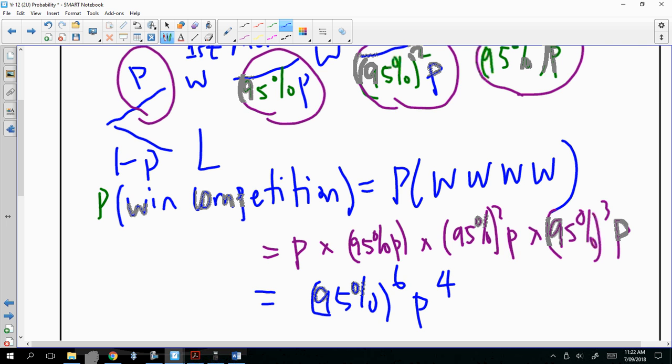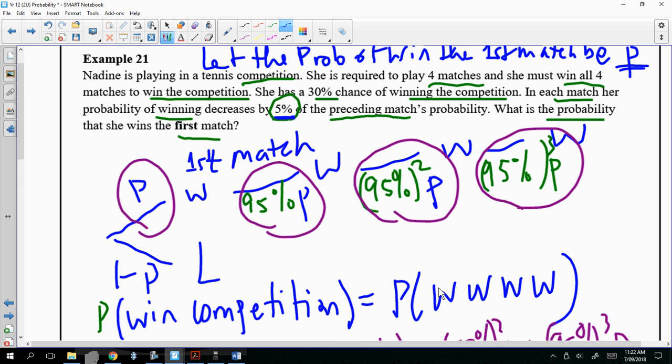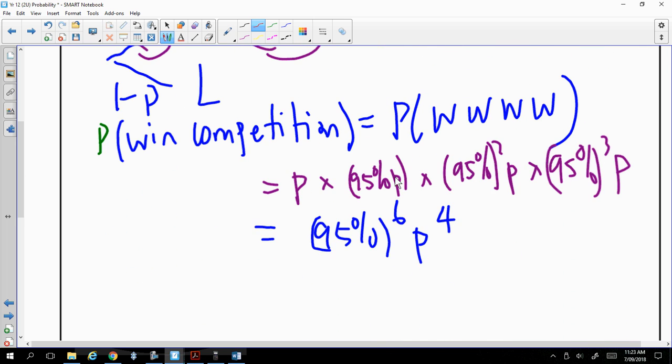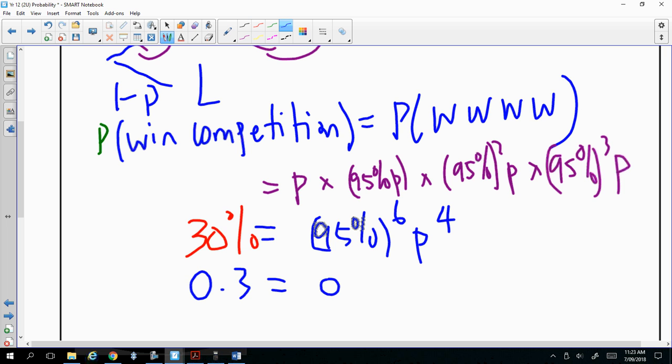And then we're going to solve for P. Now, how do we know? Because your chance of winning the entire competition is 30%. So now we have an equation. And to make things easier, I will just use decimals, 0.95 to the power 6, so it's easier to write.